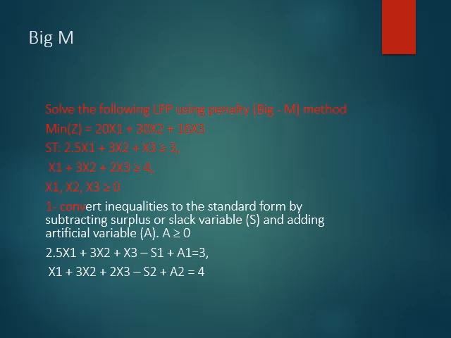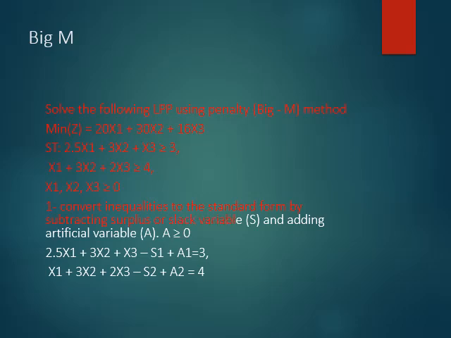The first step here is to convert the inequality constraints into the standard form by subtracting surplus variables s and adding artificial variables a, where a is greater than 0.